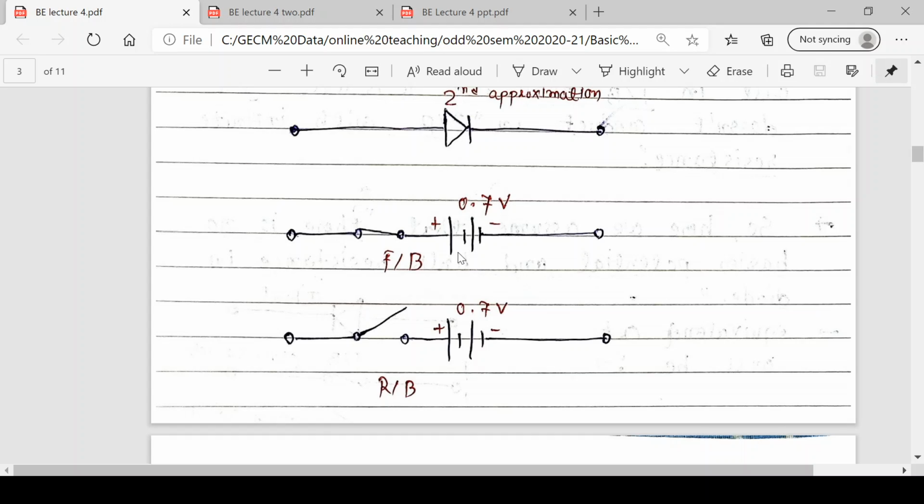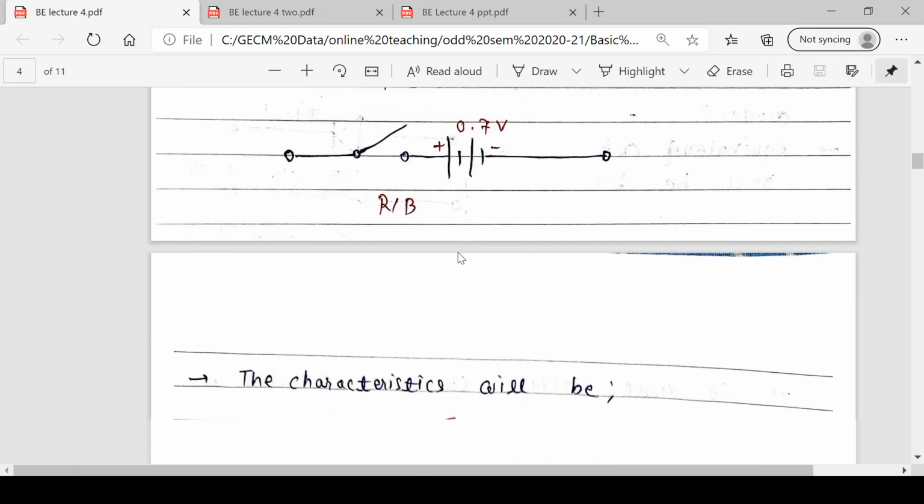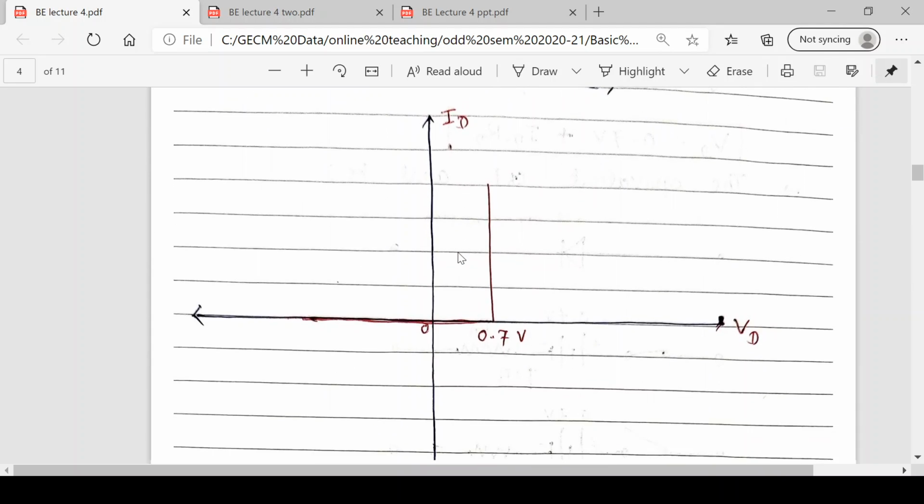So how will its VI characteristics be? It will be slightly different than ideal. Just see what the difference is. The ideal diode was operating after zero voltage because there is no barrier, but in this case there is a barrier of 0.7 volt. So when your diode voltage reaches 0.7, after that the diode is fully forward biased and carries maximum, effectively infinite, current.